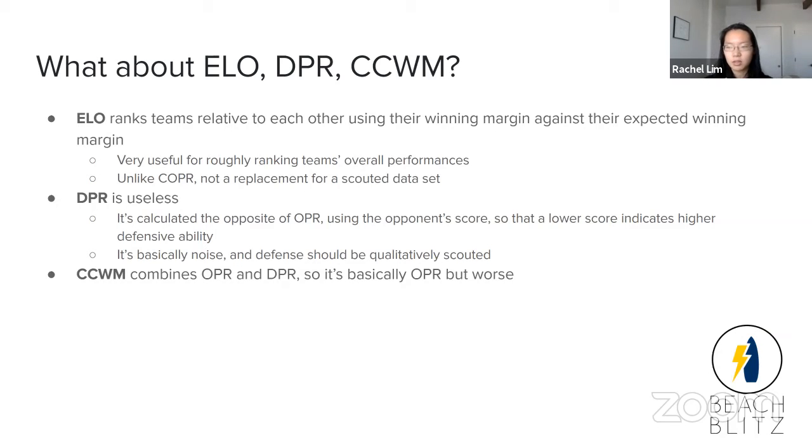It uses the opponent's score, and says that if an opponent scores fewer points, then your defensive ability is higher because you prevented them from making points. In reality, this just isn't a useful metric. It's basically just noise. DPR doesn't really correlate at all to which teams actually play defense, and definitely doesn't correlate well to teams that play effective defense.